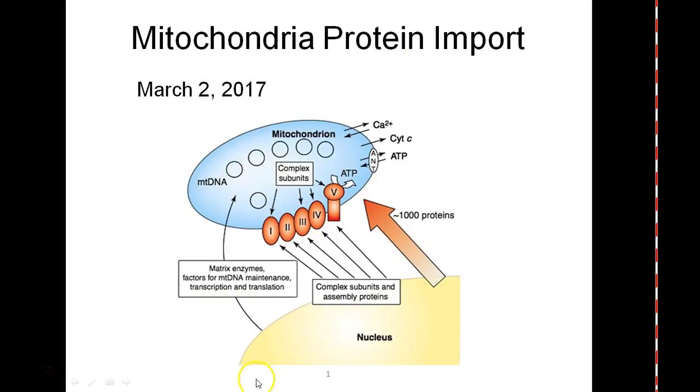When this process is not efficient or not working well, you can have a variety of different diseases because cells are not able to maintain healthy mitochondria and they may lose energy.